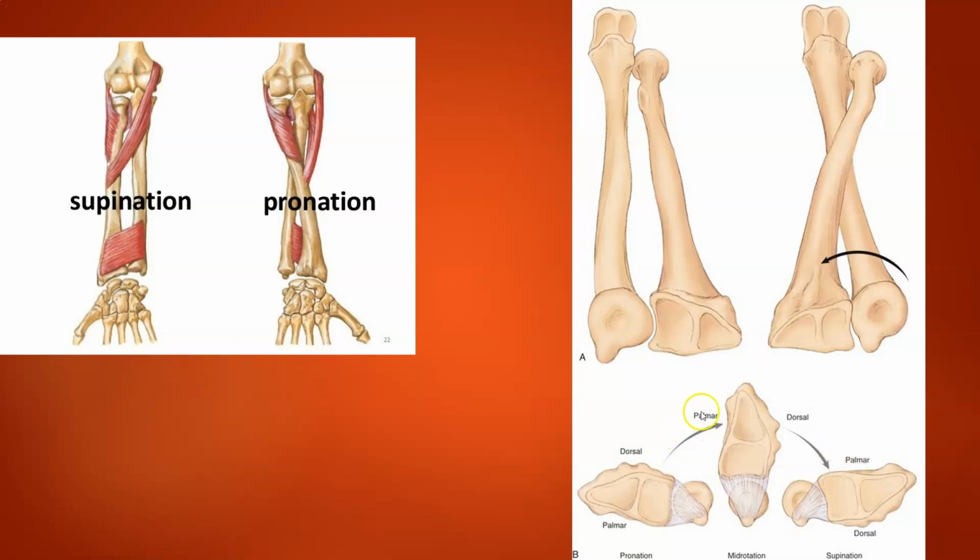This is a lovely diagram here that shows you the positions of the ligaments and what they allow for. Again, where the position is of the distal radius as it relates to the head of the ulna as it moves through its positions of pronation, mid-rotation, and supination.